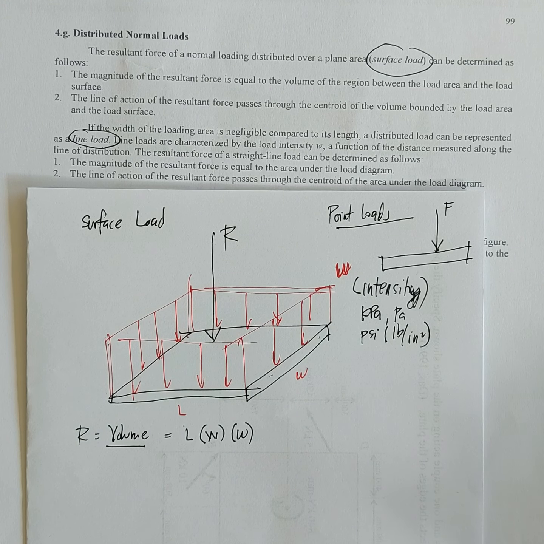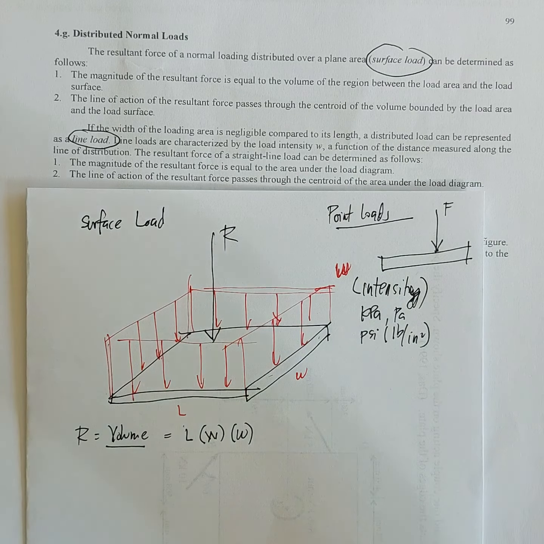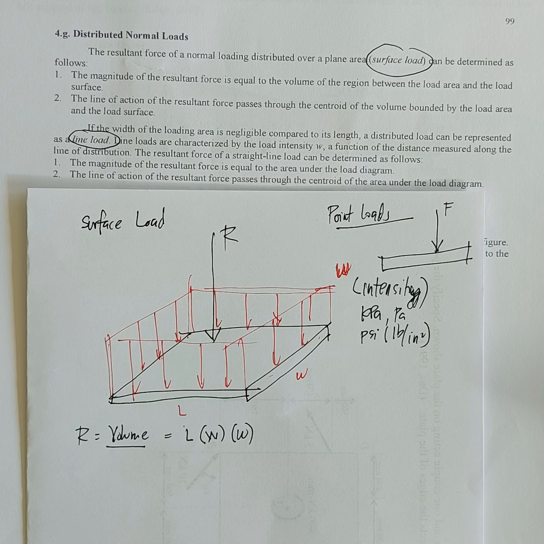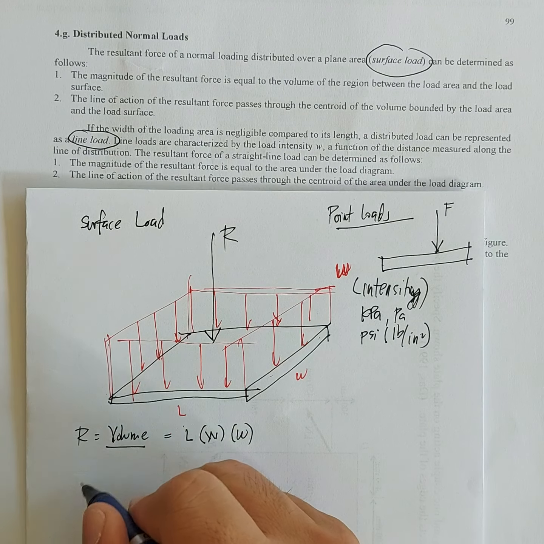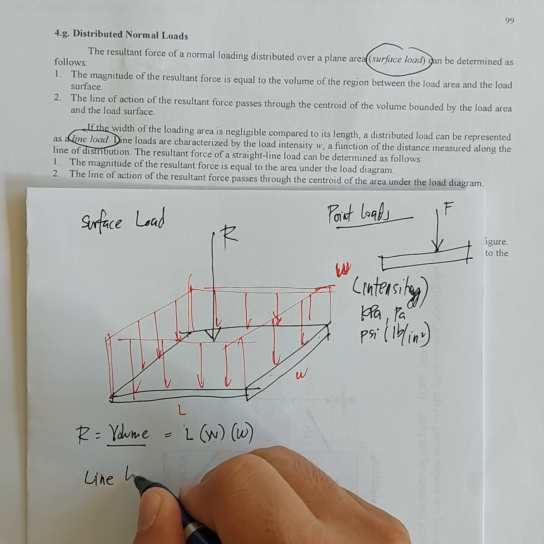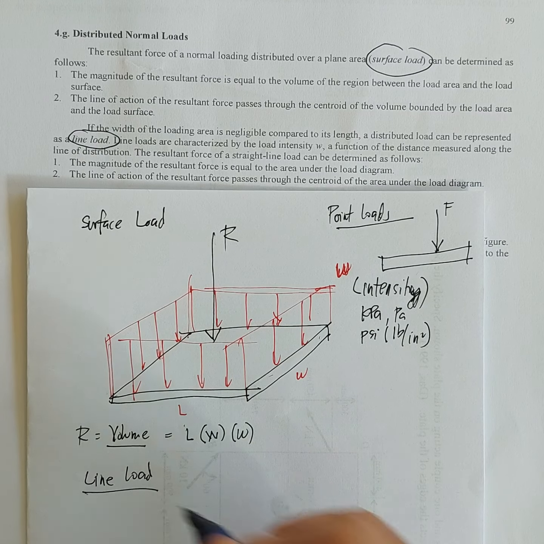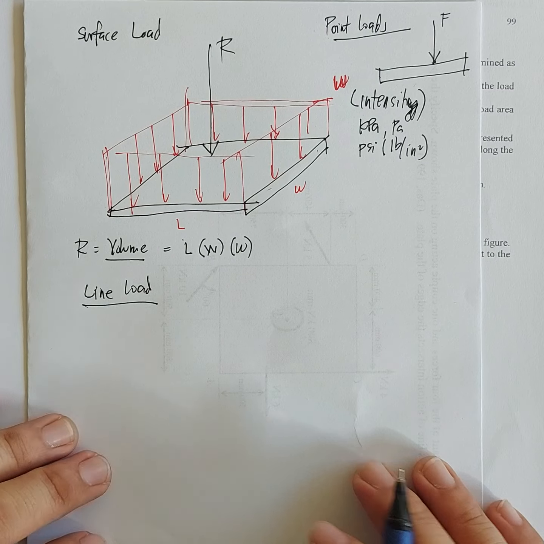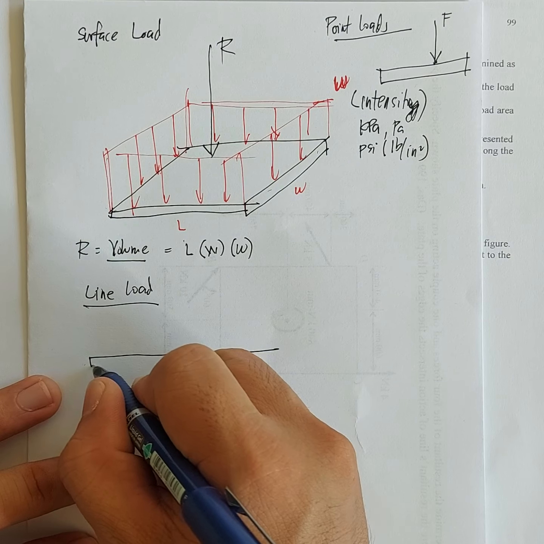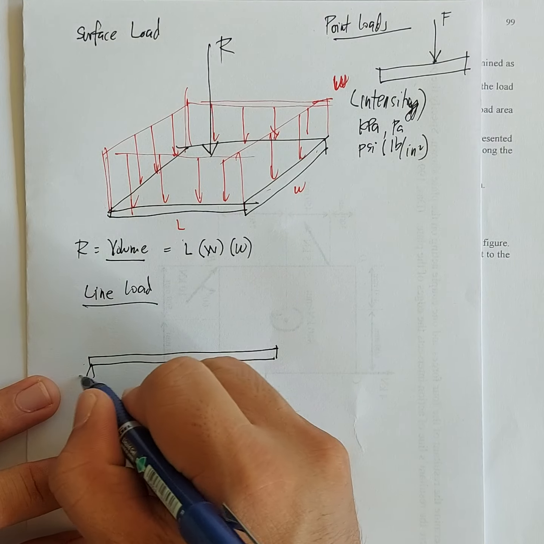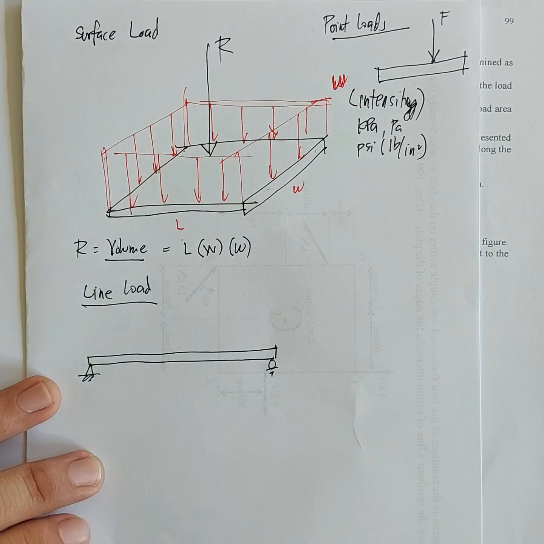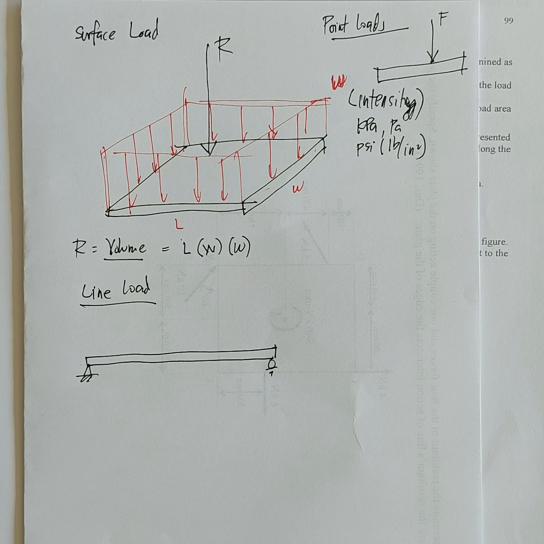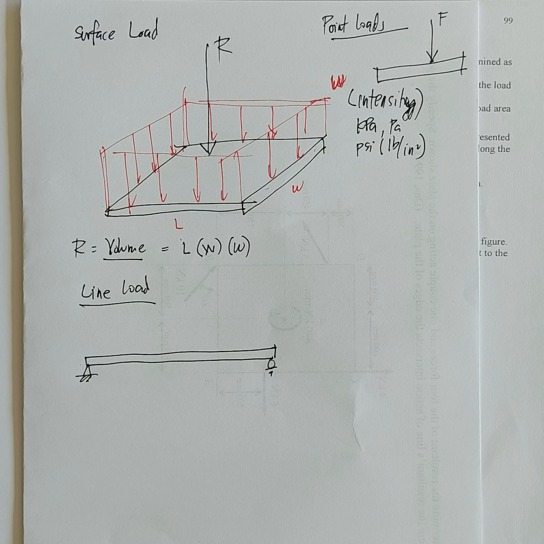Next naman, ang isa pang example, yung line load natin. So, line load, ano naman yung line load? Examples ng line load, usually na-applied yan sa mga beams and columns kasi yung width nila is very small compared to the length.